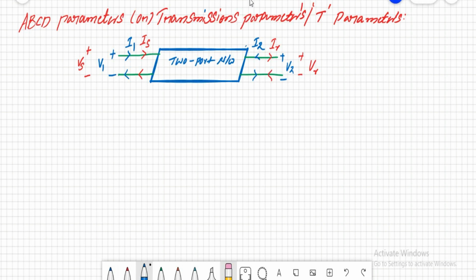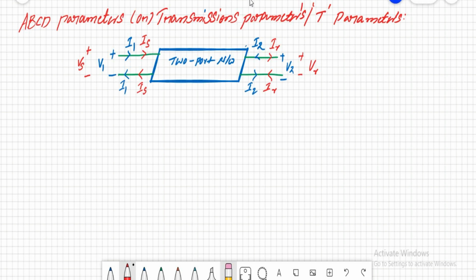So this is your I1, this is your I2, this is your IS and this is your IR. This is a small change you need to consider for the ABCD parameter.